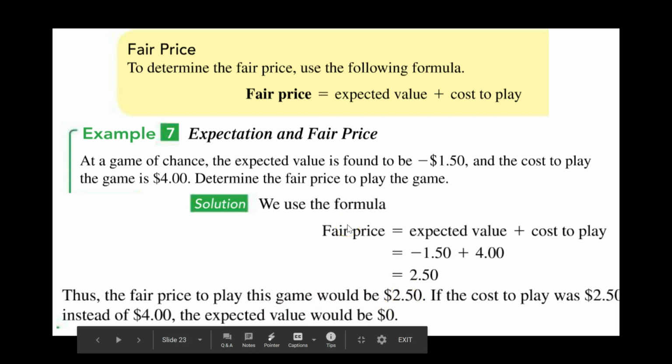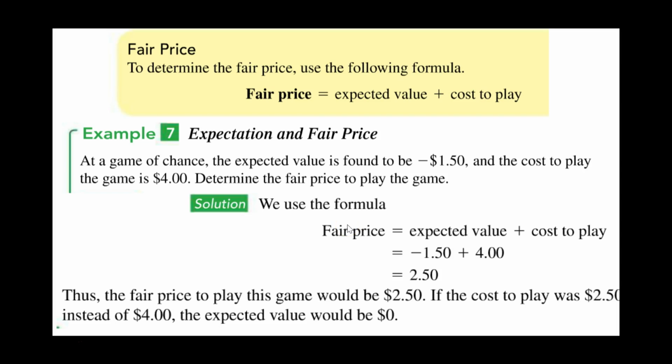So I look at this as when you go into the state fair and I want to play, I love basketball and playing little basketball hoops, but every time I go there, I see the basketball hoops are bent. They're like a small little hole. So the cost to play it is $4 to give them a basket to shoot the basketball, but the expected value of me actually making it is negative $1.50.